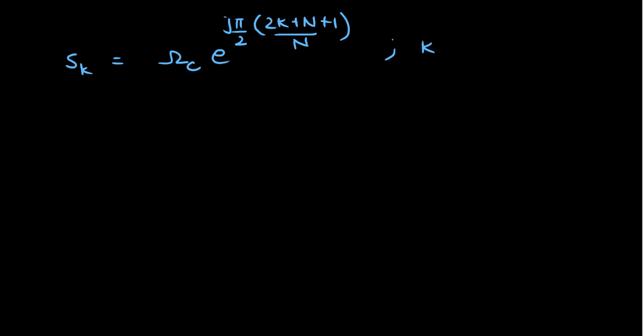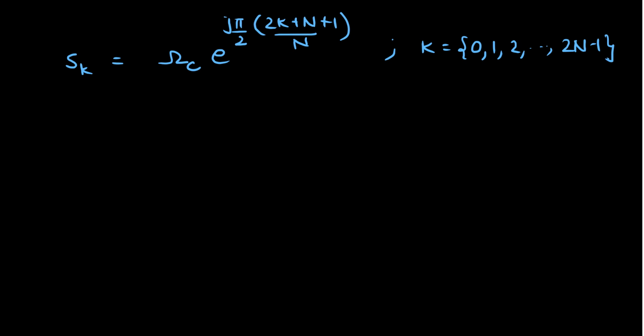So what we have is sk is equal to omega c into e to the power j pi by 2 inside the bracket 2k plus n plus 1 divided by n, where this k is equal to 0, 1, 2 and so on up to 2n minus 1.